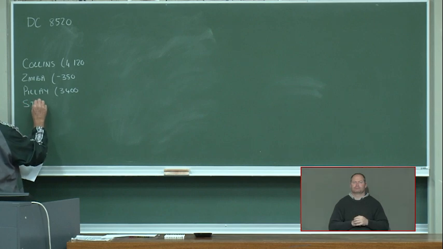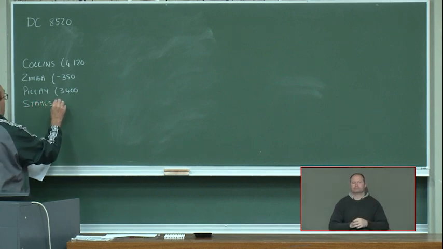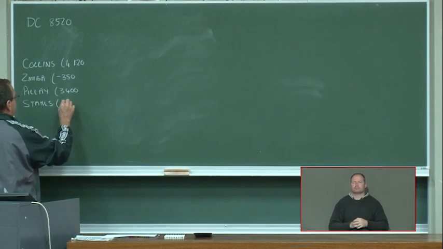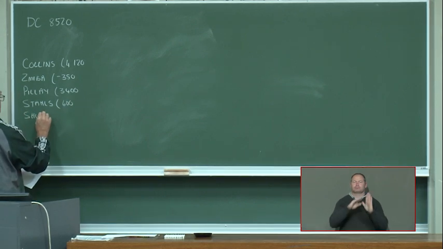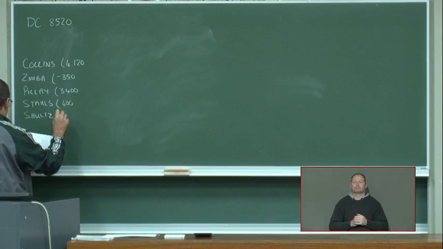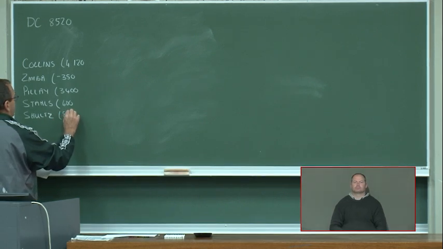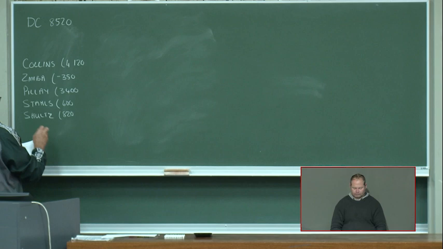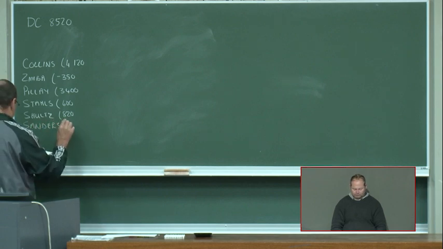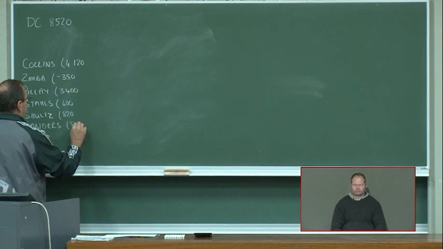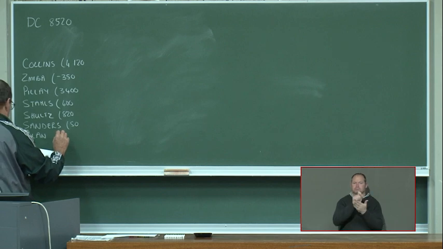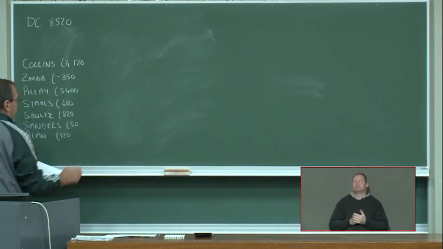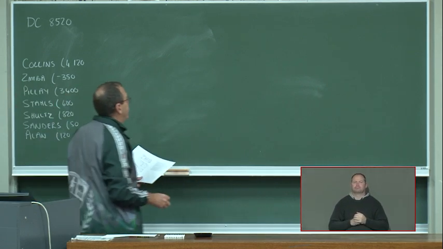Stals, which is 600. Schultz, which is 820. Sanders, R50, and Allen, which is 120. That is our debtors.